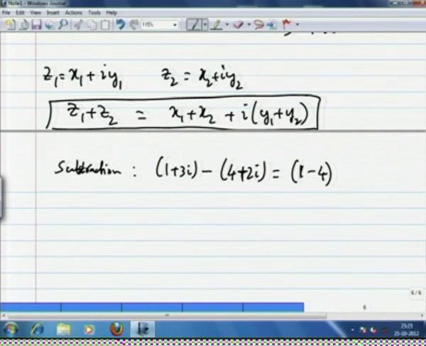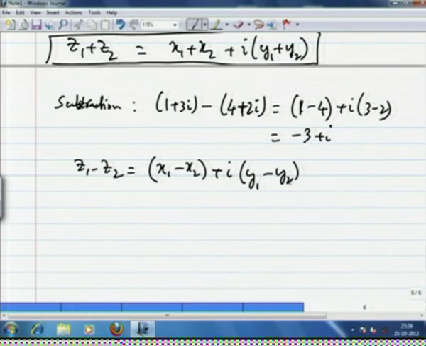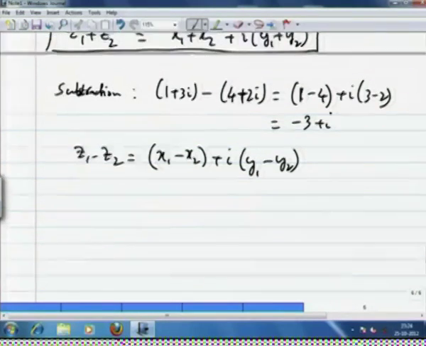You subtract in the proper order one real number from the other, plus I times 3 minus 2, which gives you minus 3 plus I. So, z 1 minus z 2 is x 1 minus x 2 plus I times y 1 minus y 2.